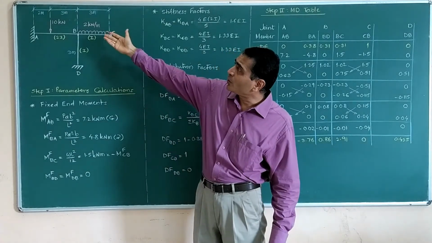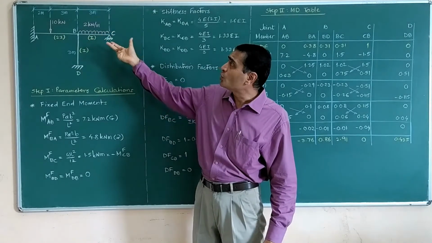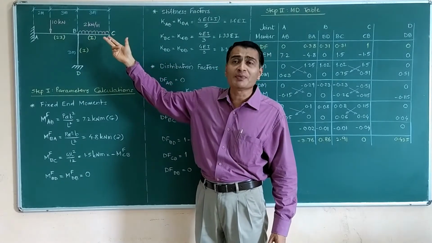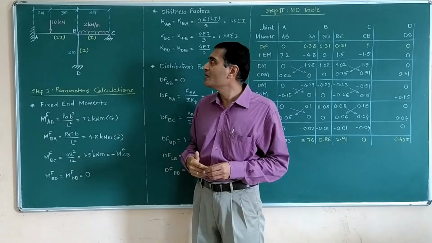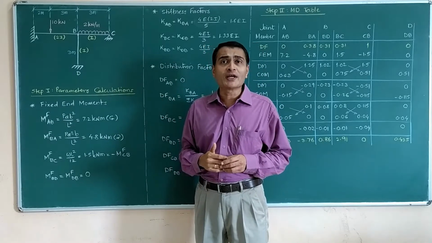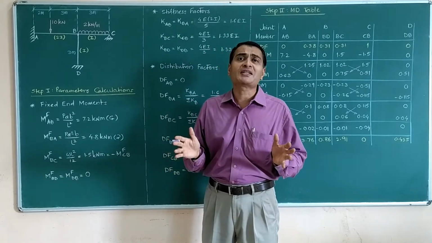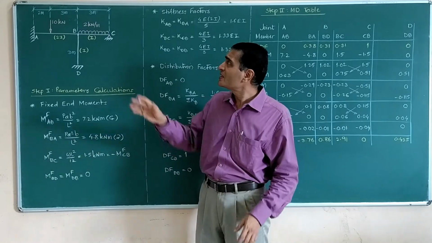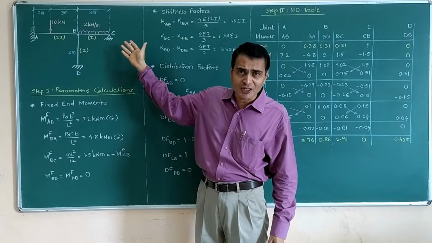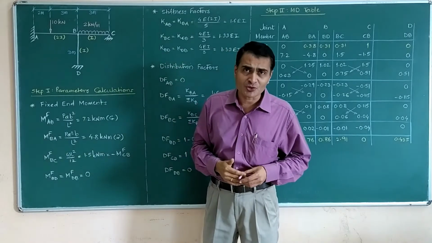We have a point load of 10 kilonewtons acting on portion AB, and a UDL of 2 kilonewtons per meter acting over BC. Column BD is not loaded transversely at all. Span AB is 5 meters, span BC is 3 meters and span BD is 3 meters.